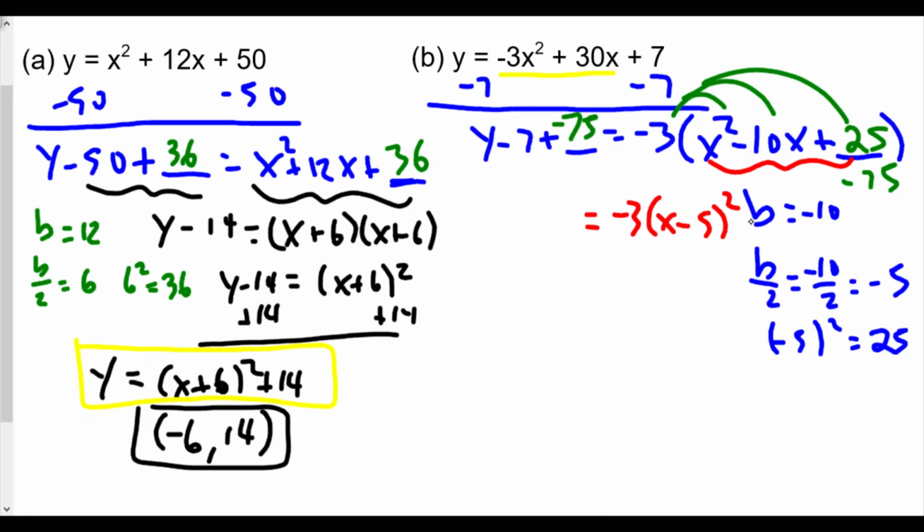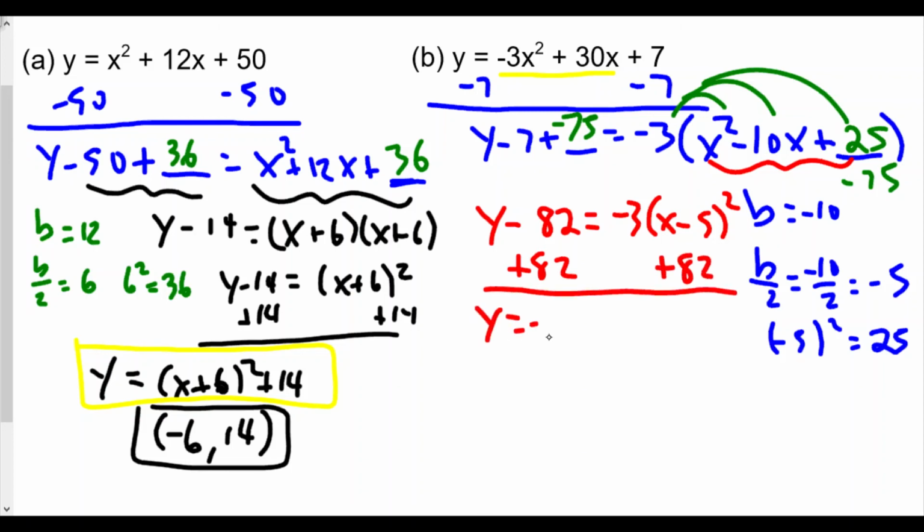On the left side, -7 plus -75 becomes y minus, I believe, 82. So now we're just going to add 82 to both sides. Y equals -3 times x minus 5 squared plus 82.